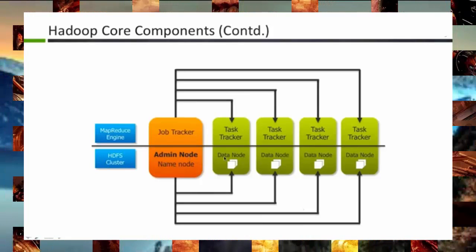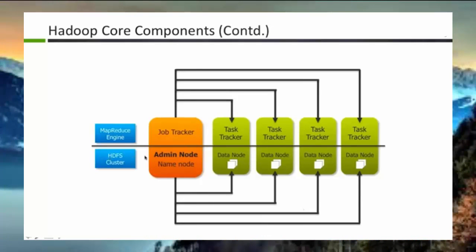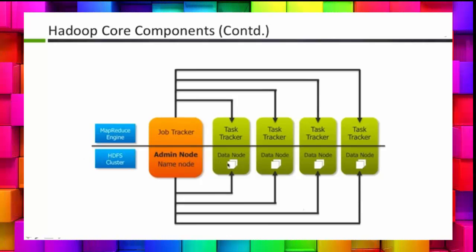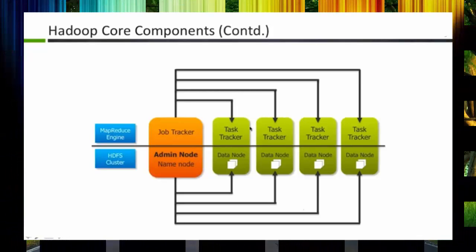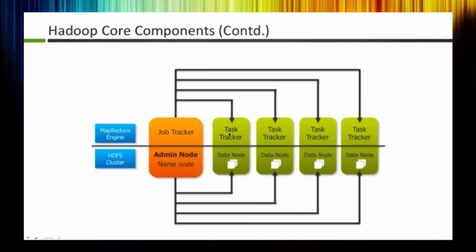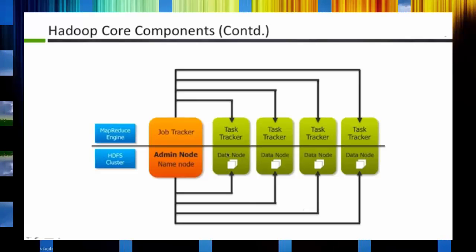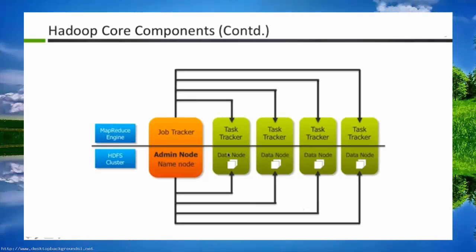On HDFS, there's something called a name node and a data node. HDFS will have a name node which will be the master node, and then there will be data nodes which will be slave nodes. The job tracker is the master daemon which runs and distributes the tasks to the task trackers, which are the programs running on the data nodes.